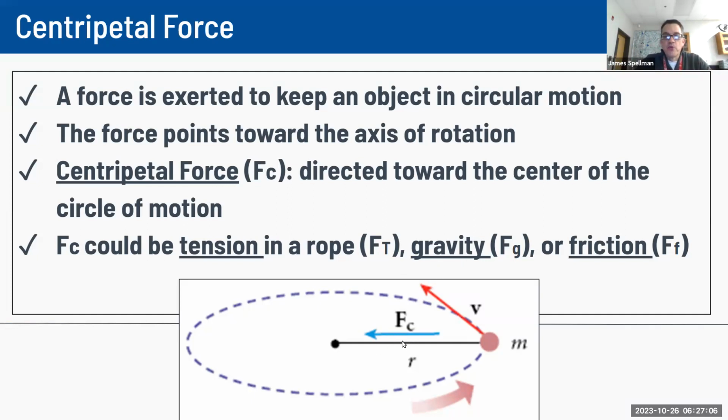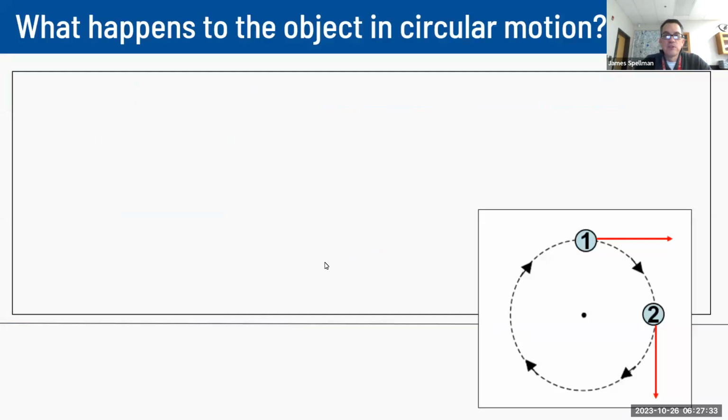Obviously there's no rope there, but the force of gravity could be pulling the object towards the center. And if you had something spinning on a flat surface, for example a merry-go-round or something on a record player, the object might not fly off because of the friction holding it in place. Each of those can be examples of forces. Again, capital F for the force, little t for tension, g for gravity, f for friction. So we can point out what kind of force it ends up being.